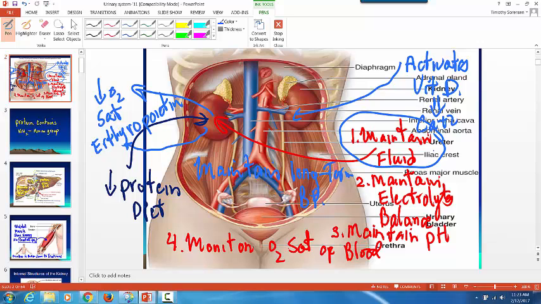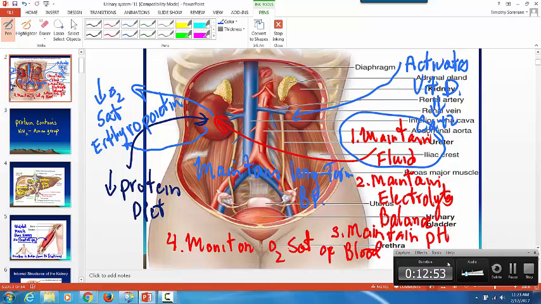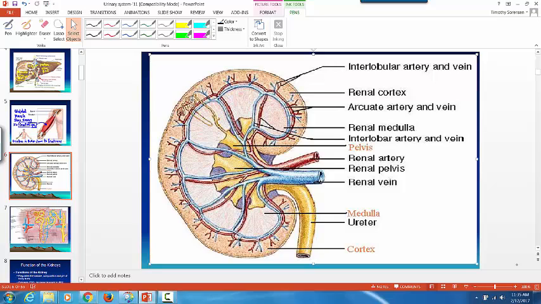So let's take just a little bit of a closer look at the inside of the kidney. What we're looking at right now is a cross-section of the kidney.